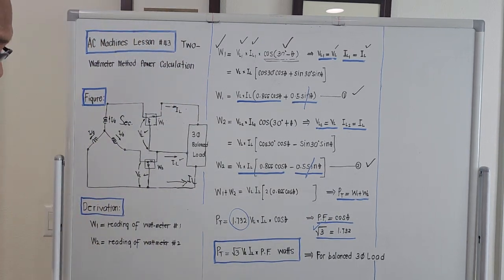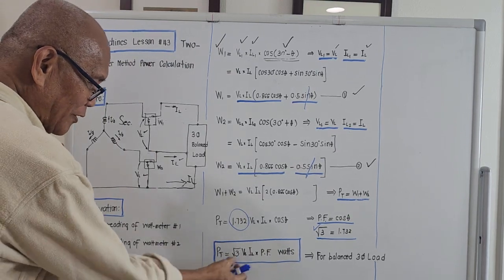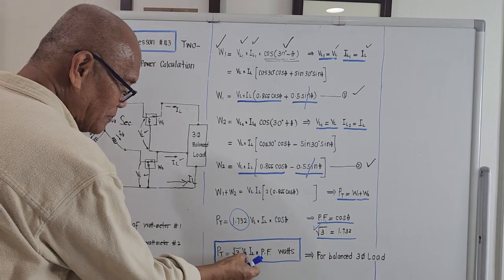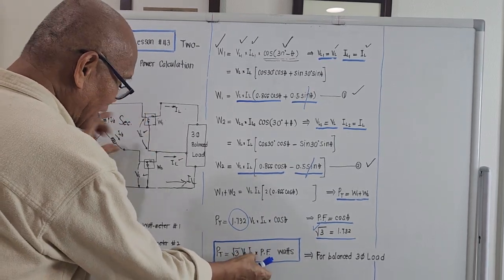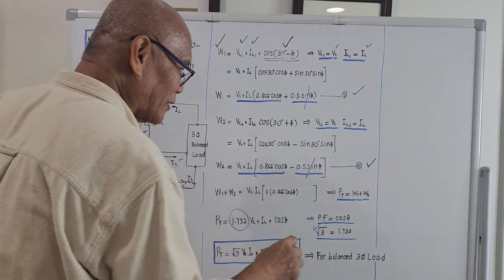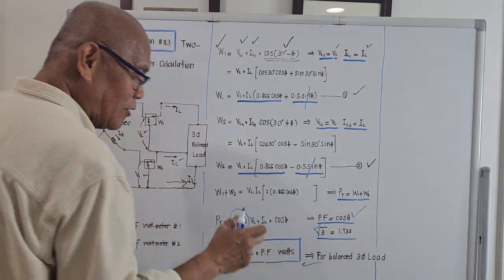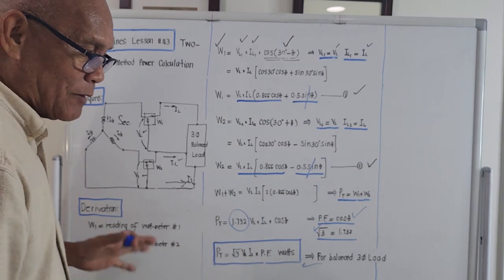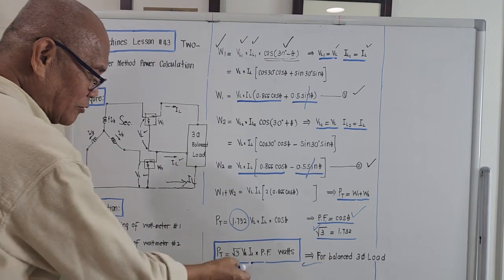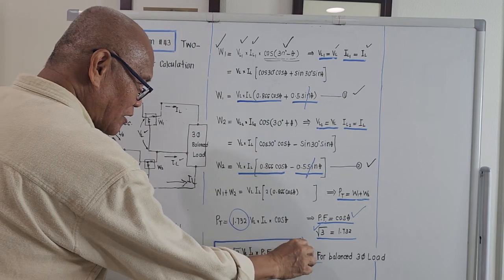So in general now, for a balanced three-phase load, the total true power will be equal to a factor of square root of 3 times the product of the line-to-line voltage times the line current times power factor, in which power factor is actually equal to cosine of theta. So this is now the general equation on how to compute for the total true power of a balanced three-phase load, in terms of the line-to-line voltage and the line current. So this is a general formula.